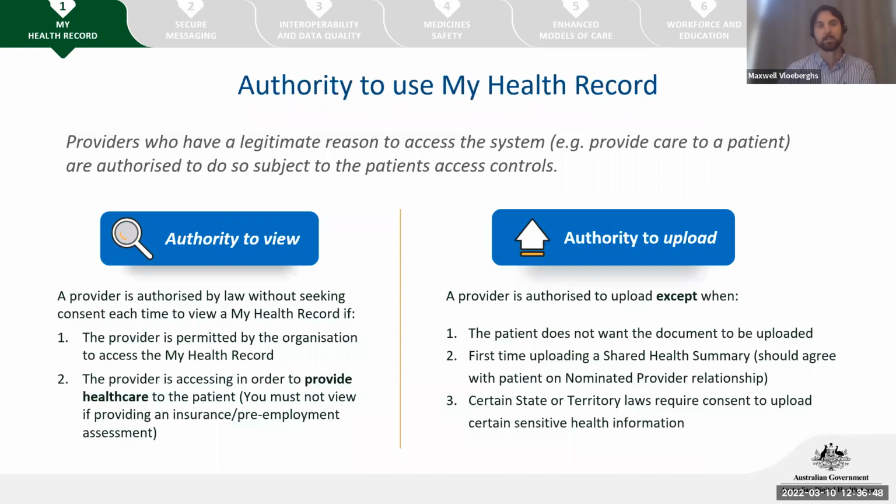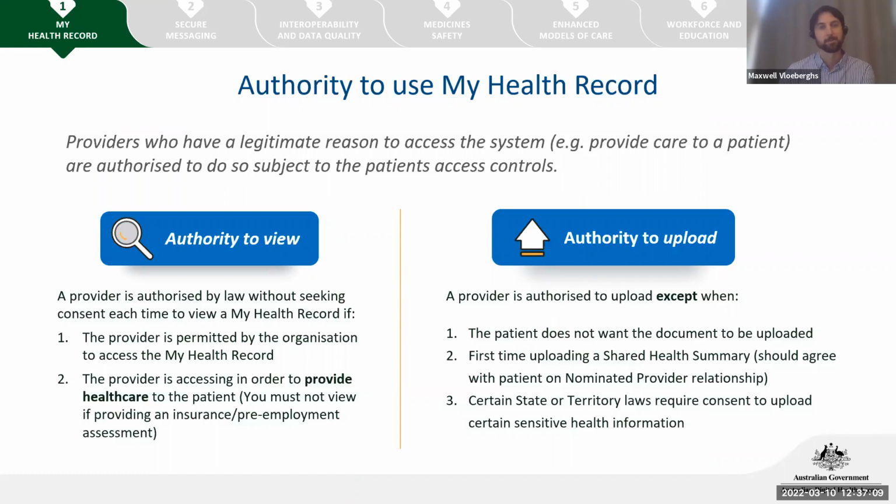Another question that we often get is, do you need to ask a patient and get their permission to go onto their My Health Record? The answer is that a healthcare provider who has a legitimate reason can access the My Health Record for a patient that they're looking after.